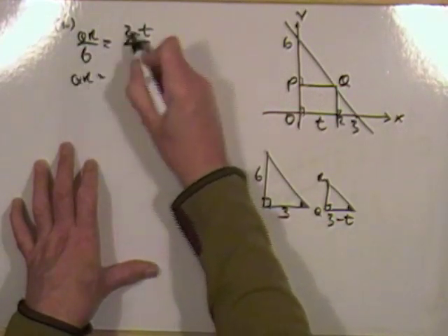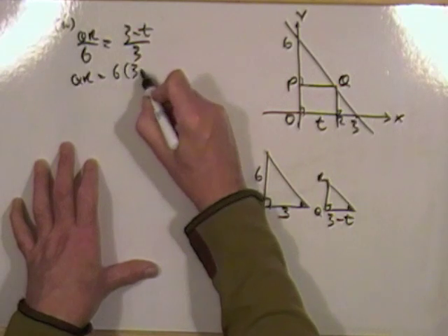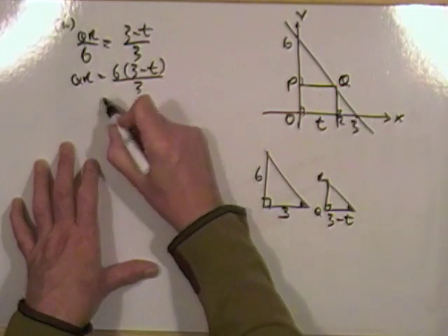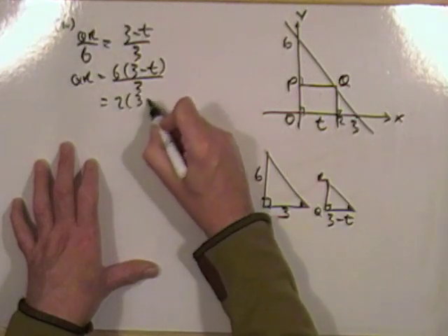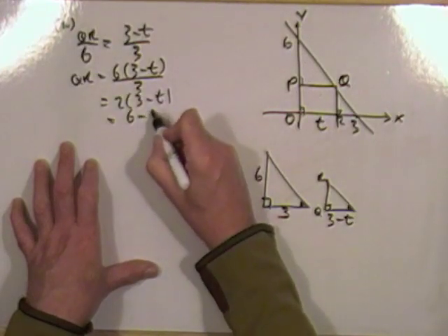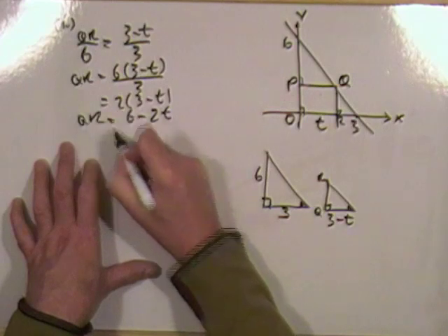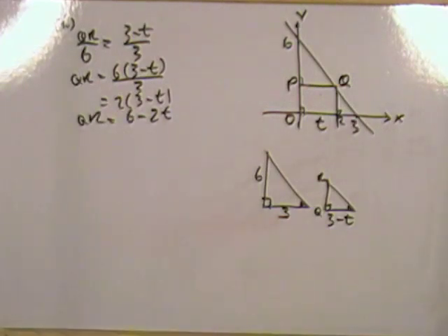So straight away, take the 6 across and multiply. 6 times 3 minus t over 3, that cancels down to 2 times it, 6 minus 2t. QR equals 6 minus 2t. So that's the first bit.